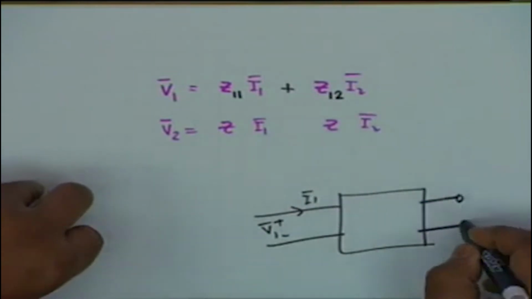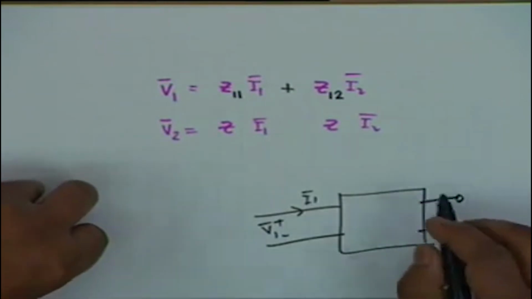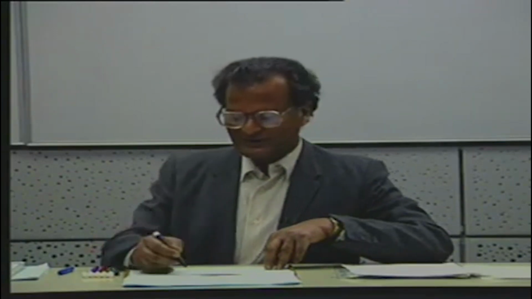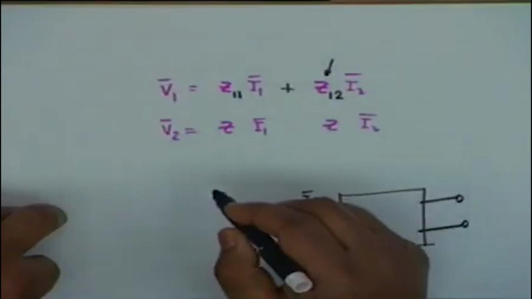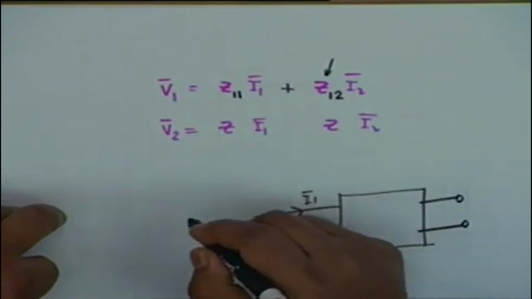The current is measured at port 2. If you agree, then I will not explain further. It's a matter of convention. This impedance is called Z12. If I had introduced a different convention, go back and change it.